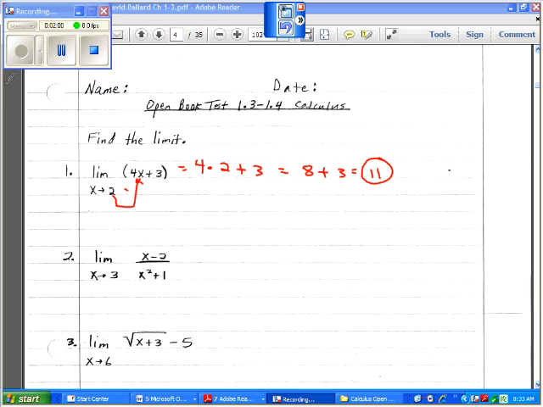Number two, we have a rational function, and it's going to be continuous over its domain. Now, is there anything that x could be that would produce a 0 in the denominator? Remember that division by 0 is undefined.